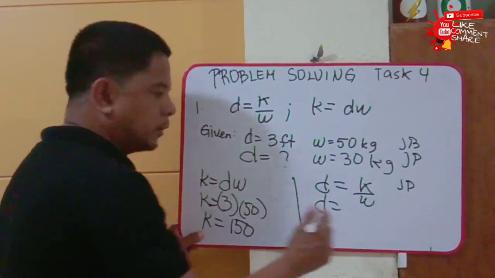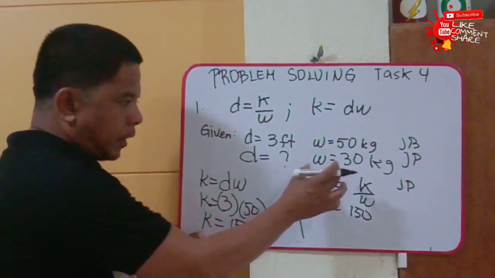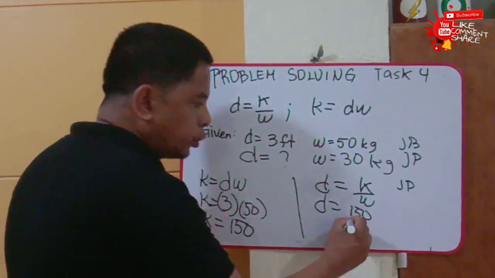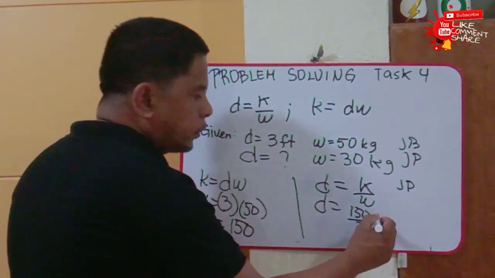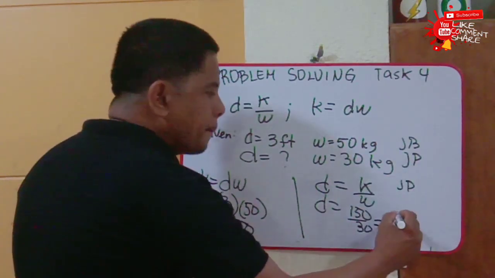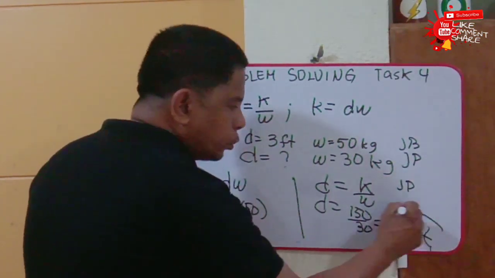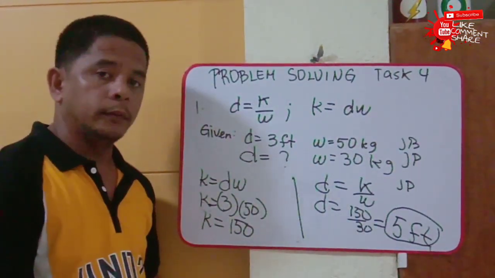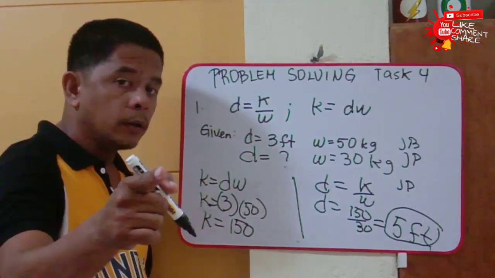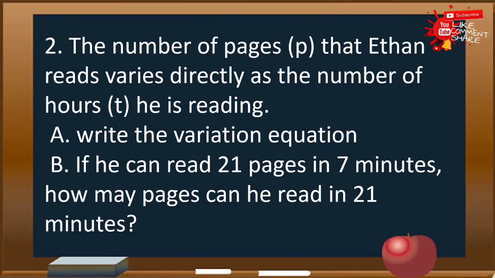Ang constant natin is 150 at ang weight natin ni JP ay 30. So, 150 divided by 30, so we have 5 feet. So, 5 feet yung sagot natin for question number 1. Okay? Kuha? Kuha mo.